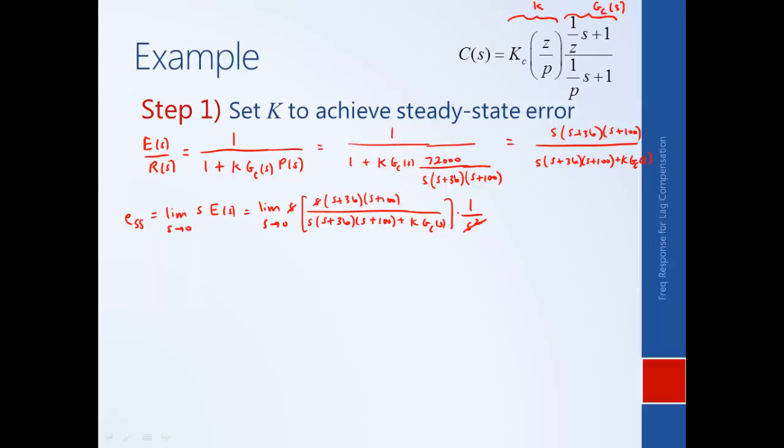We can just substitute in S equals 0. This whole term will go away because we'll have 0 times this quantity. In the numerator, I'll be left with 36 times 100. Then I'll have K. This portion of the compensator transfer function has a DC gain of 1.